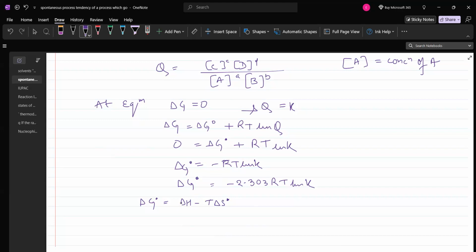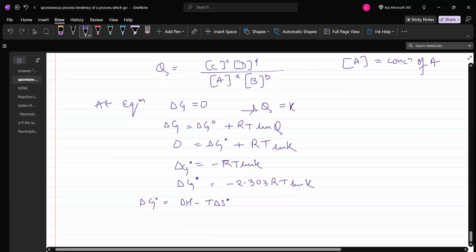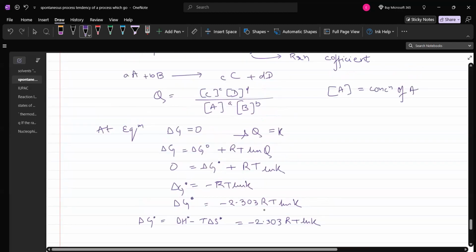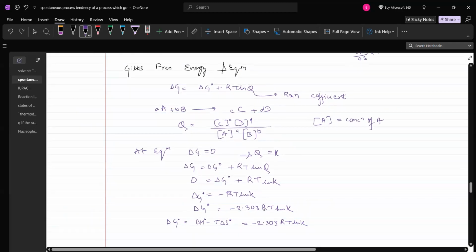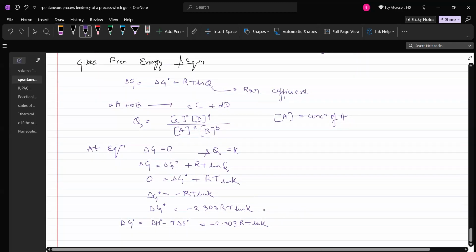So delta H minus T delta S is equal to finally minus 2.303 RT log K. That is it. So this is the final formula. You have to first note it down. You don't have to understand much of it. However, there are numericals present in it, so we will try them out. First, write it down.